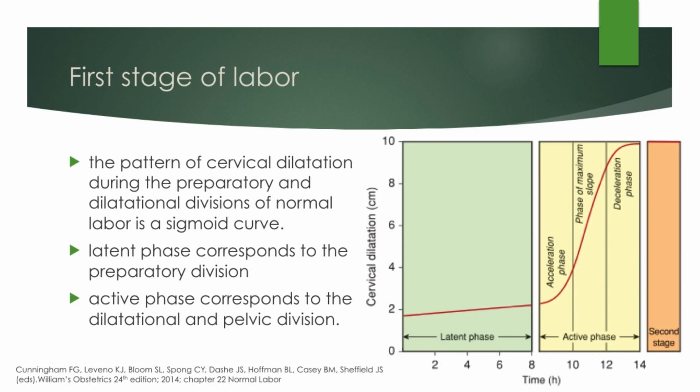The pattern of cervical dilatation during the preparatory and dilatational divisions of normal labor follows a sigmoid curve, such as seen in the picture. The latent phase corresponds to the preparatory division here, and the active phase corresponds to the dilatational and pelvic divisions.